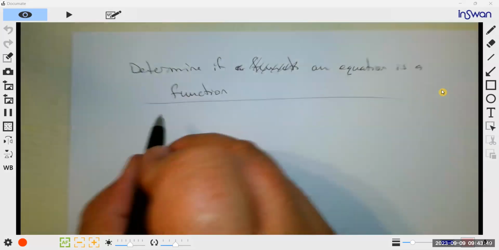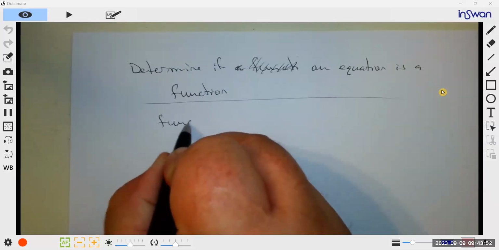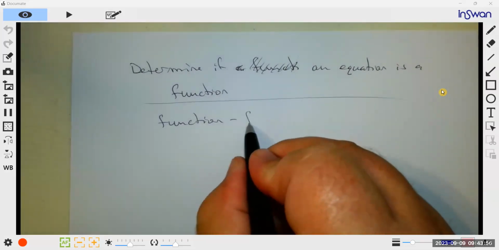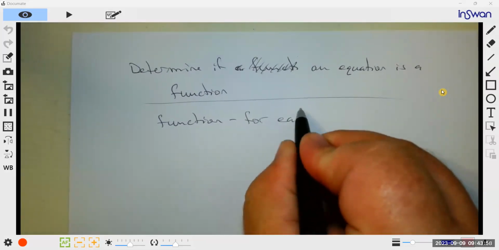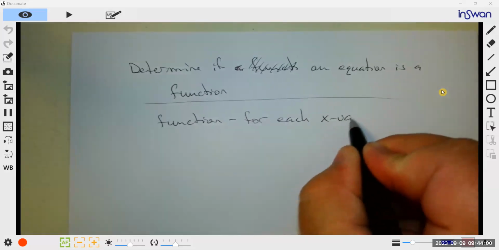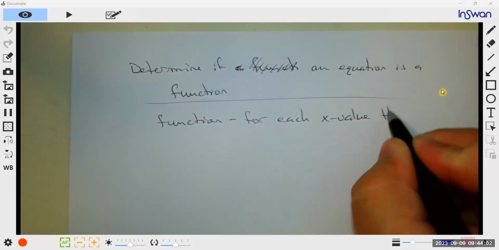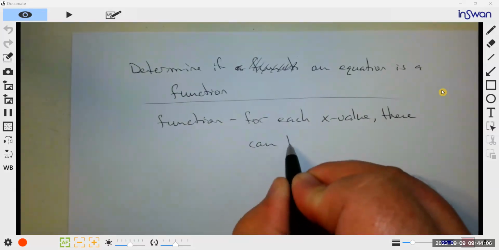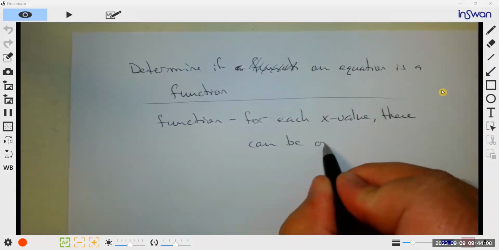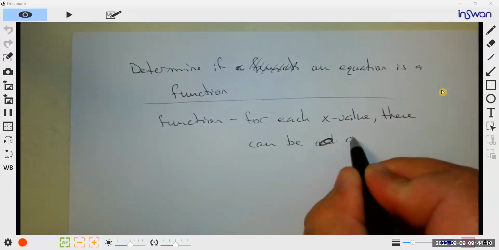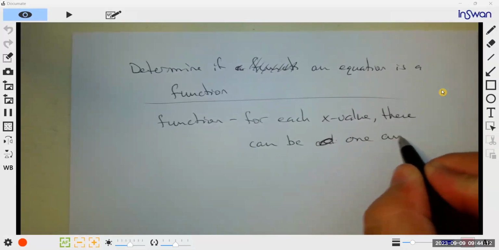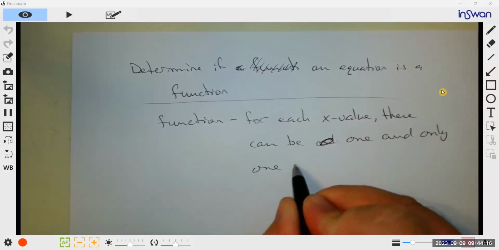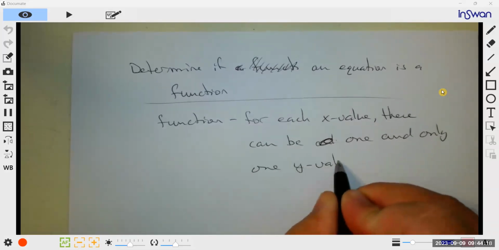Remember, in order to be a function, for each x value, there can be one and only one y value.